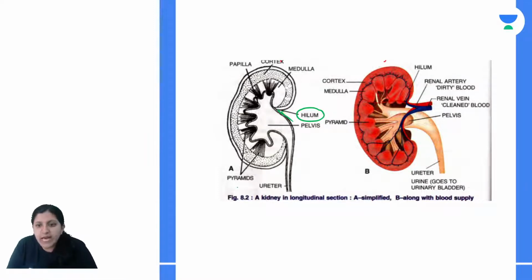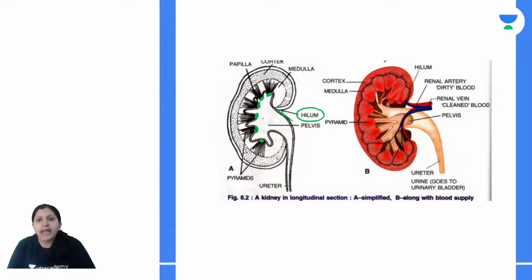Then these are the pyramids and this one is the ureter. This is the renal pelvis, where the papillae of the renal pyramids are projecting into. This is all papilla.